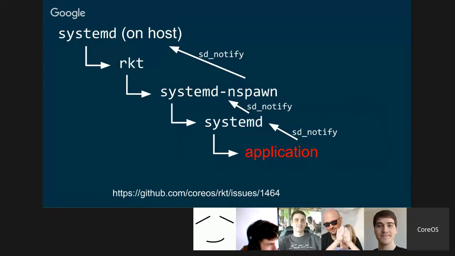For that, it requires some change in systemd-nspawn, and there is an upstream issue on systemd to do that. The status is that it's not implemented yet, but there is some code that has been started.